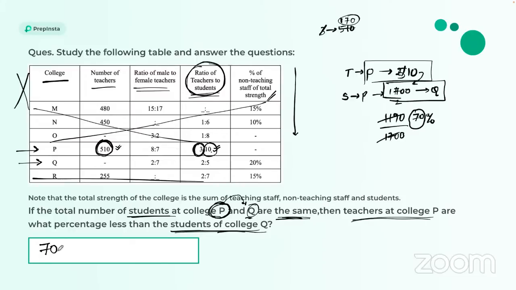In the fill-in-the-blanks format, they don't want any symbols like percentage or anything. So don't write any percentage symbol, just write the value. The question itself says what is the percentage, so write the number only. If you got a fraction, like decimals, you can write that, but don't put a percentage symbol or units like kilometers or meters. They won't allow this. Just write integers or decimal values.